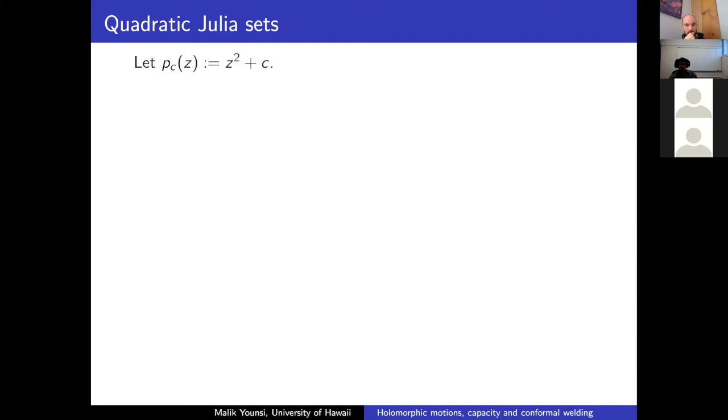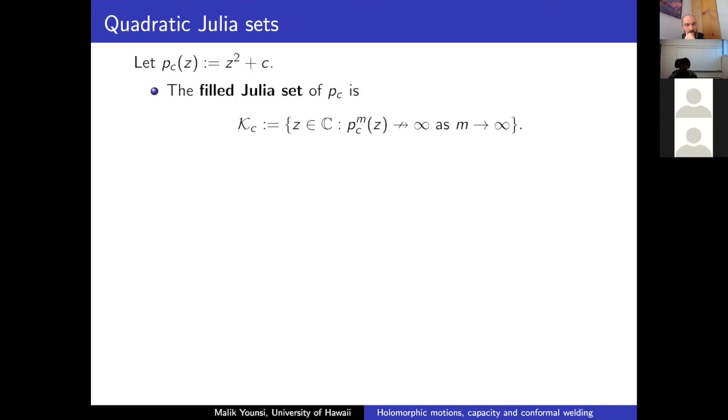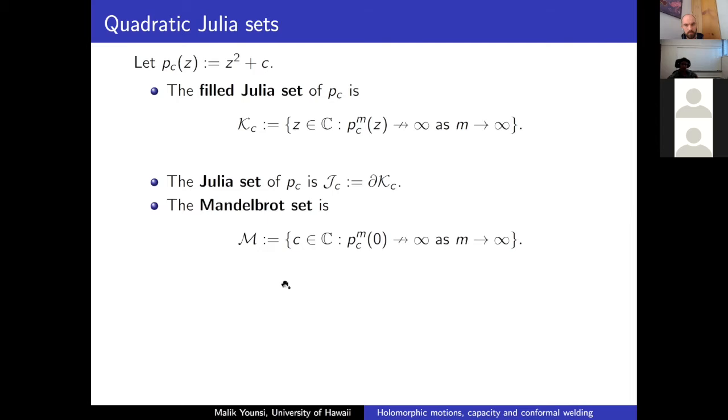So if you start with a quadratic polynomial z squared plus c, the filled Julia set of the quadratic polynomial is the set of all complex numbers such that the sequence of iterates remains bounded. And then the Julia set is just the boundary of that filled Julia set. I'm also going to talk about the Mandelbrot set.